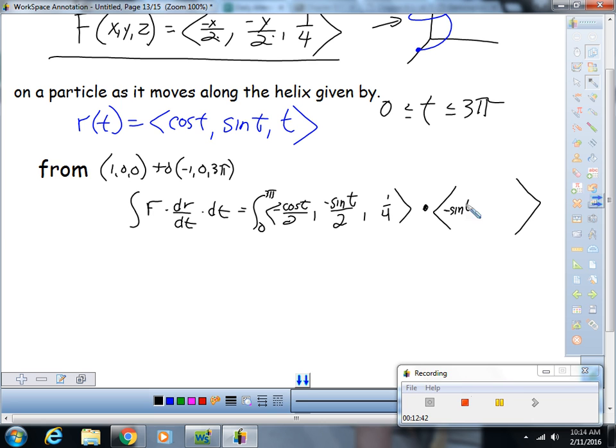Minus sine of t, cosine of t, and 1 dt. Okay? So what I'm doing is adding up force in the x direction, force in the y direction, force in the z direction. Got it?